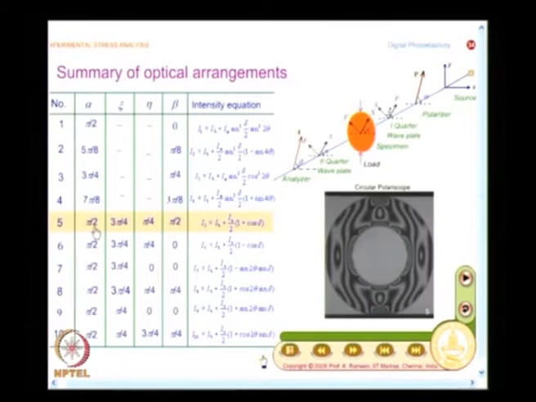I will have the quarter wave plate introduced, and the slow axis of the first quarter wave plate is labeled as zeta, and the slow axis of the second quarter wave plate is labeled as eta. And if you look at zeta and eta, they are again crossed. I had mentioned crossed optical arrangements of the quarter wave plates minimizes the error due to mismatch.